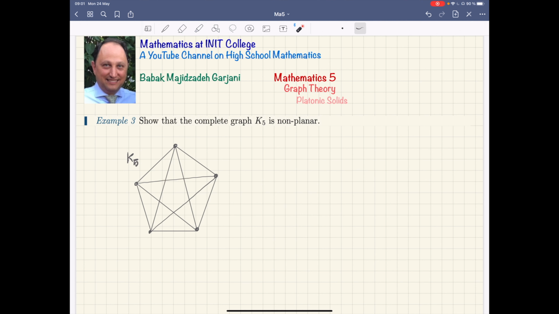But we want to show that, no, this cannot happen. Okay? How do you think we need to reason that? It's very hard. Usually these kinds of questions are very hard. Don't try hard. You will never ever succeed to draw it without intersection points that are not vertices.